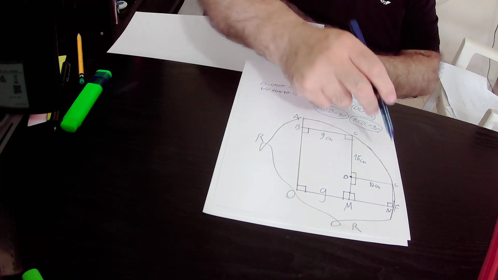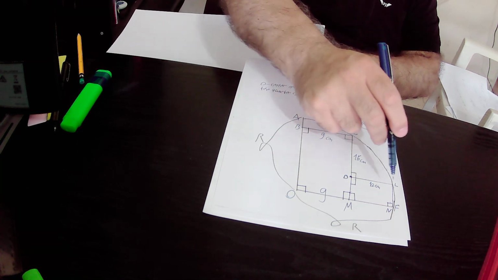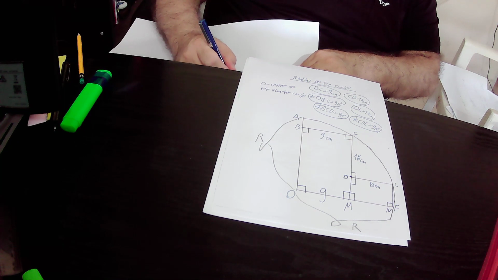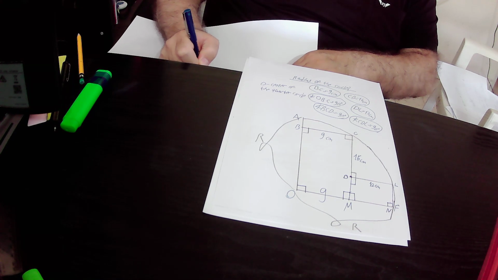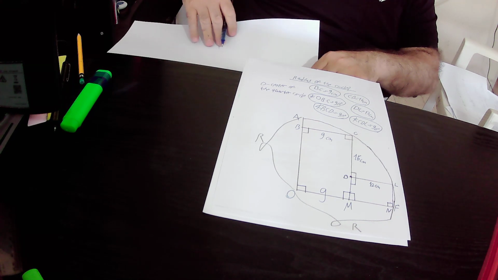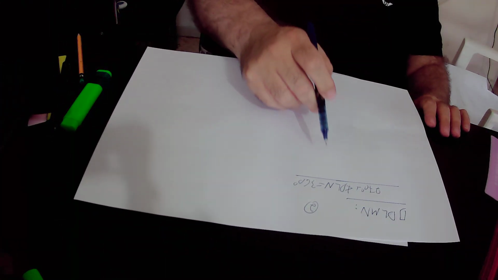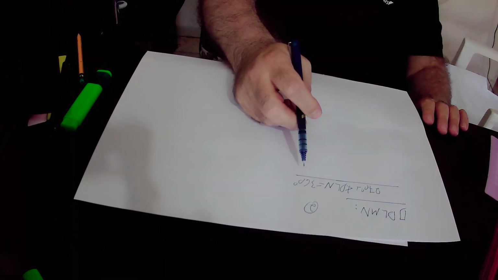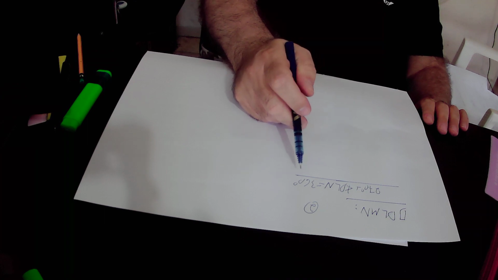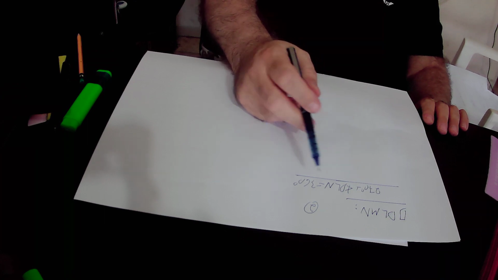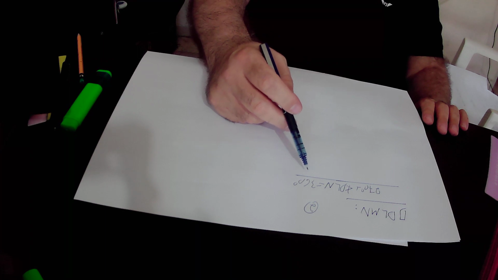Plus the size of the fourth angle, that is actually angle DLN. In total, the sum of those 4 angles must be equal to 360 degrees according to the rule that the sum of the angles in any quadrilateral must be equal to 360 degrees. This expression expresses the fact that the sum of the angles in quadrilateral DLMN equals 360 degrees.